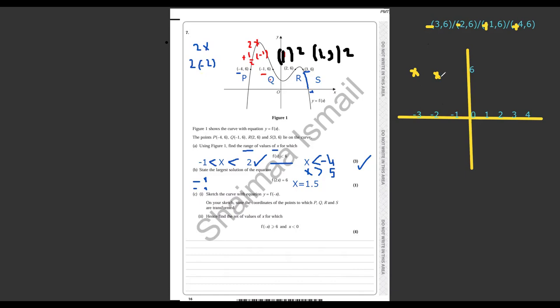Here is 1 and 6, and 4 and 6. Remember that it's a curve, okay? So we have a maximum point and a lot of turning points here, so we have to make sure that we draw it with its turning points.